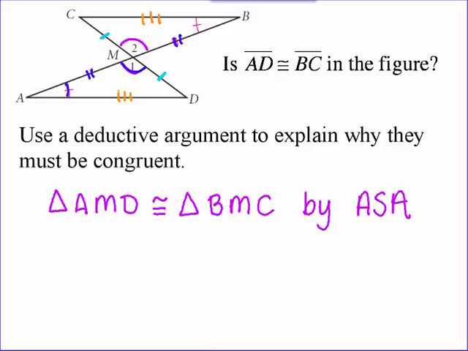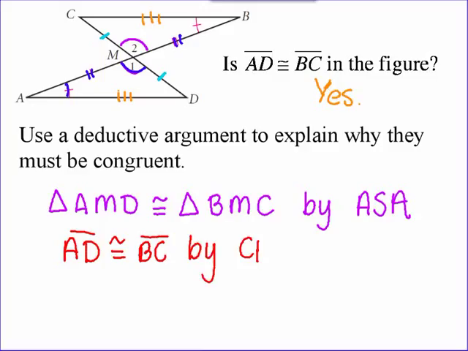So is AD congruent to BC in the figure? Yes. So based on what we've written down, we've just got one additional piece of information. I've said that triangle AMD is congruent to triangle BMC by ASA. And then I know that AD is congruent to BC by CPCTC.